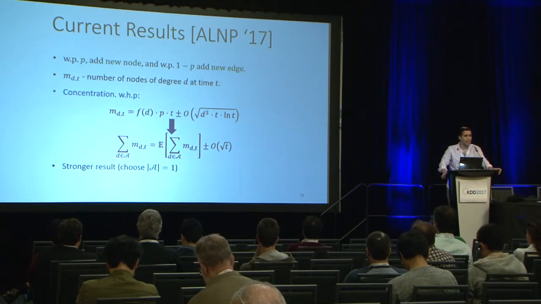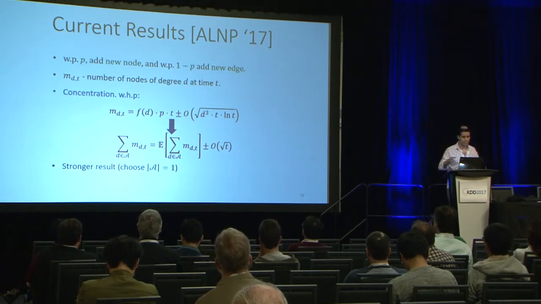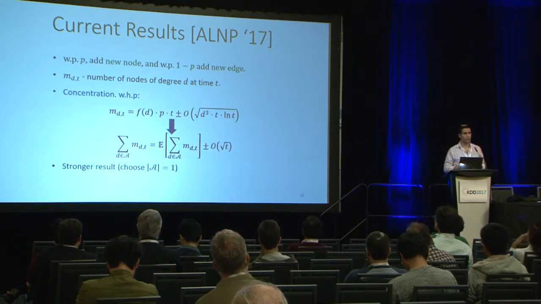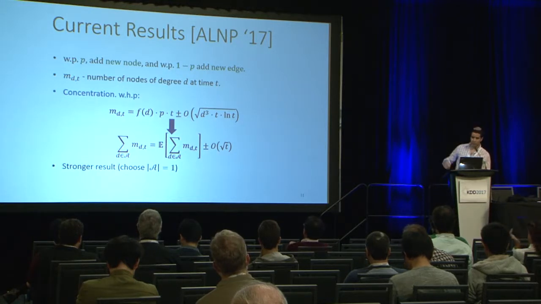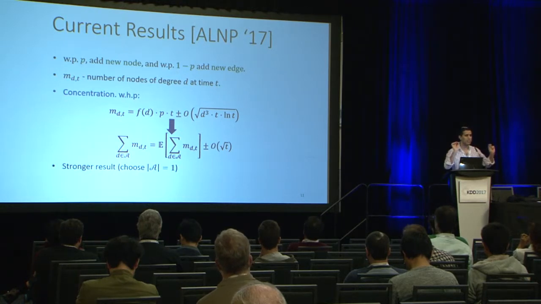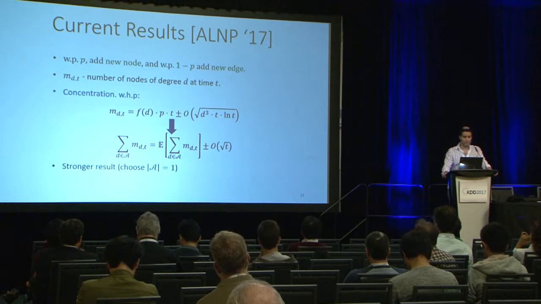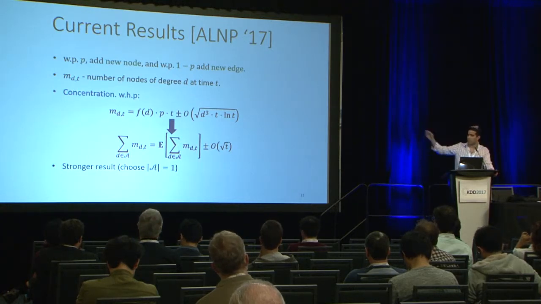So if you take any subset of the degrees, say A is a subset of the degrees, you can think of it like all even degrees. Or, if you want to see that our result is strongest, you can just choose A of size 1. Okay, so you look only at one particular degree. Let's say d equals square root of t. So you see, we showed that it's even more concentrated than it was before.